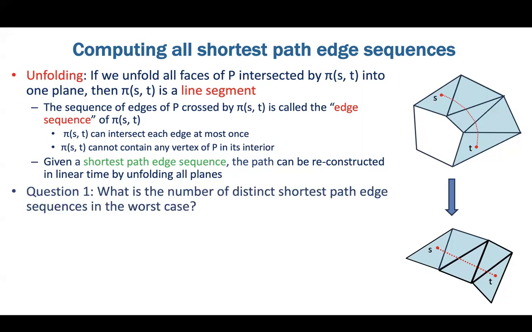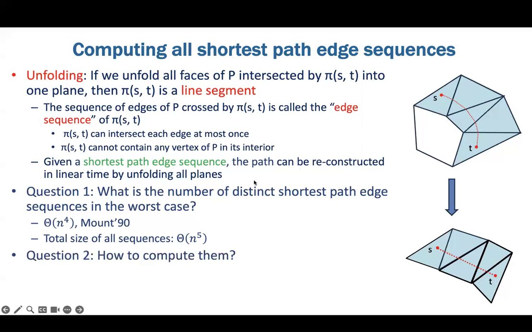The first one is, what is the number of distinct shortest path edge sequences? Agarwal et al. proved that it is big theta of n to the fourth in the worst case. Each sequence could have order n edges, so the total size is theta of n to the 5.